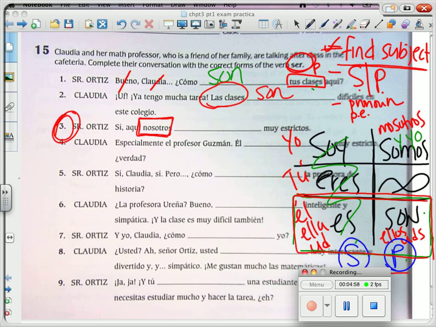If you said plural, you're right. So we can eliminate all of these choices, and now we're on our plural side. It's going to be between somos and son. And remember what I told you? Whenever you use we, you're going to see yo, well, if you don't see yo, you're going to see nosotros. And this is the only time you use the verb in this form. So the answer is going to be somos.